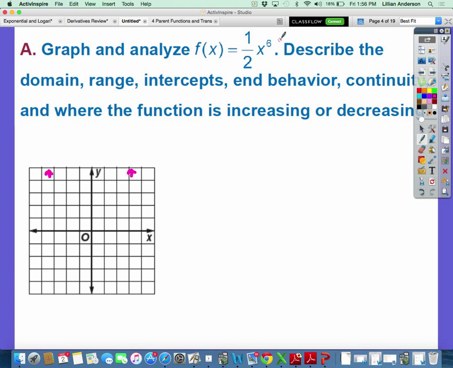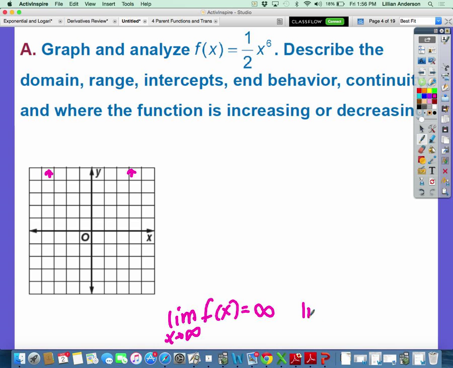All right, so our end behavior. Let's go ahead and write that out. The limit as x approaches negative infinity of f of x equals what? Positive infinity. Because remember, as x gets really, really big, what's happening to my y's? They're getting bigger, to infinity.